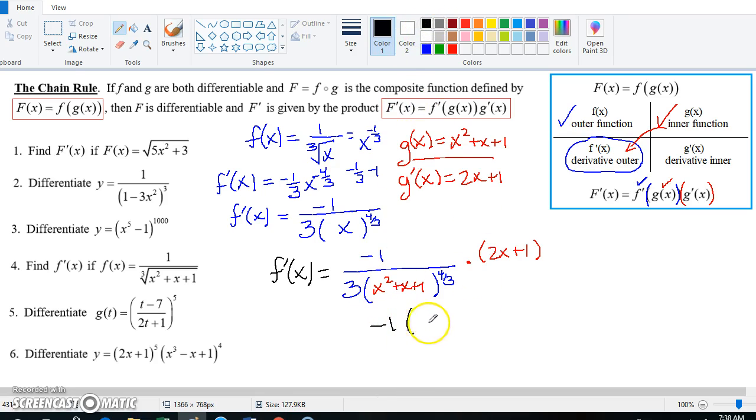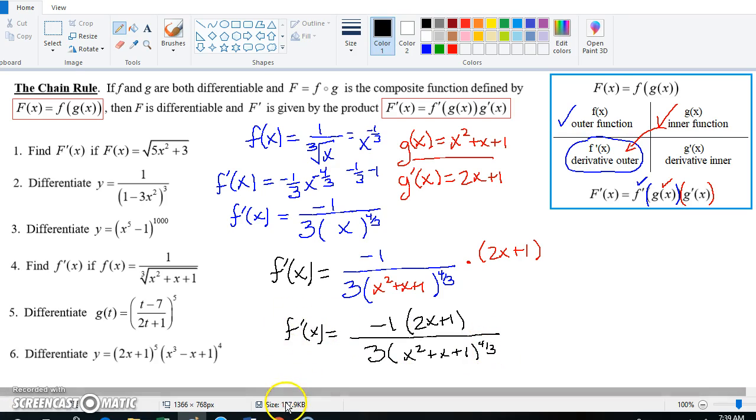Simplifying, I would just leave it as negative 1 times the quantity 2x plus 1. Make sure you have those parentheses or the answer is not correct. 3 and x squared plus x plus 1 to the 4/3 is in the denominator. All right.